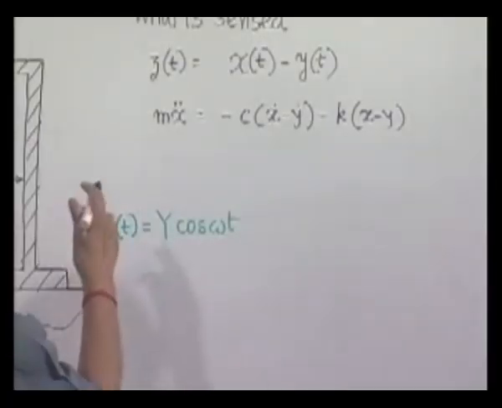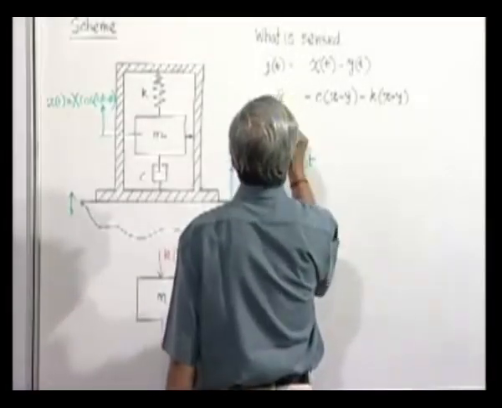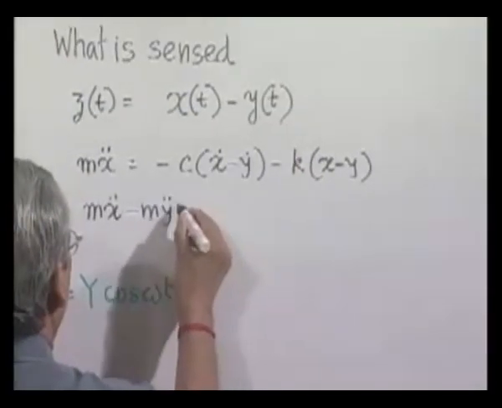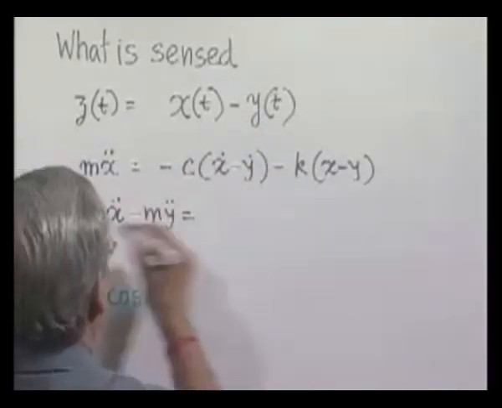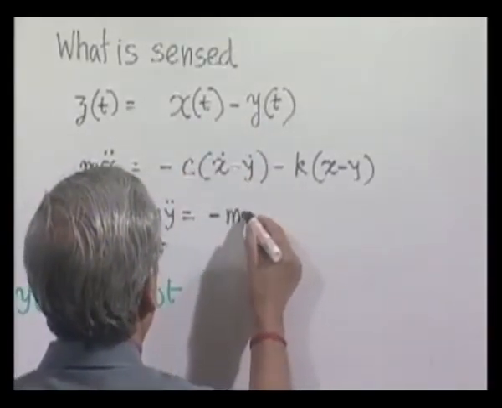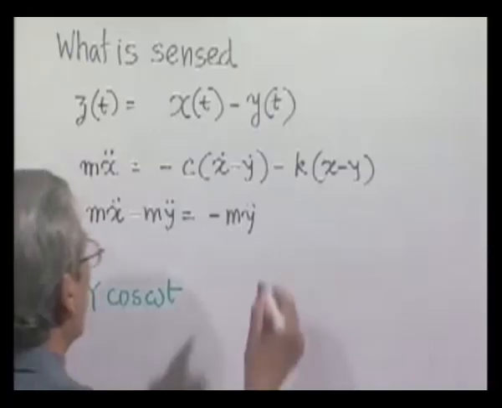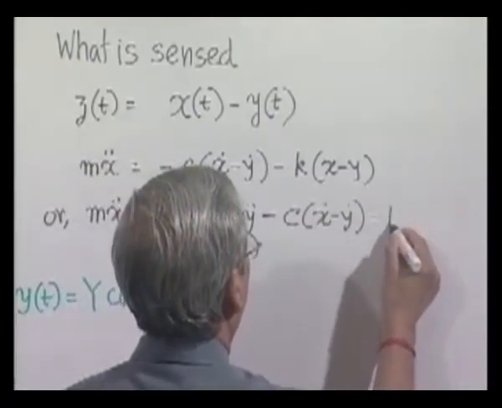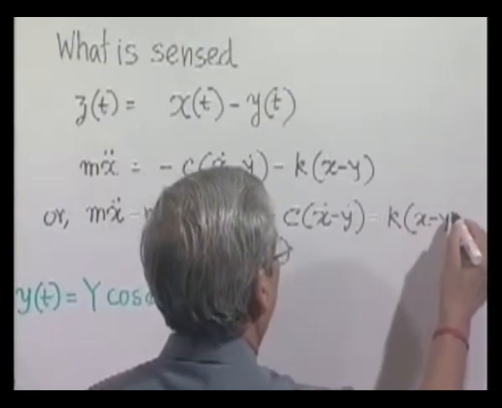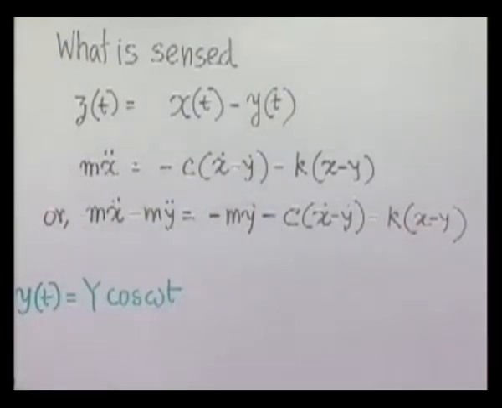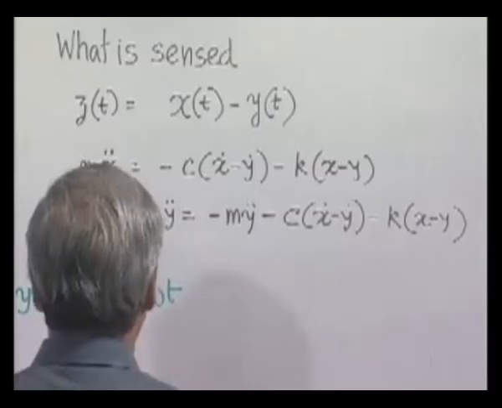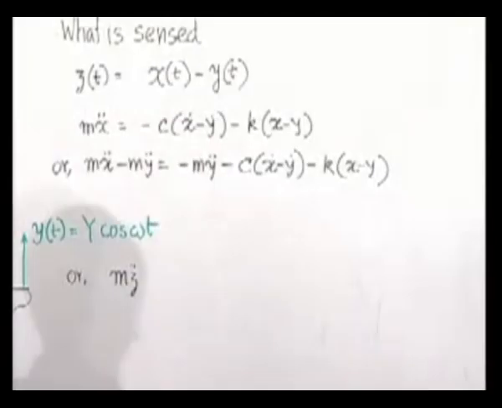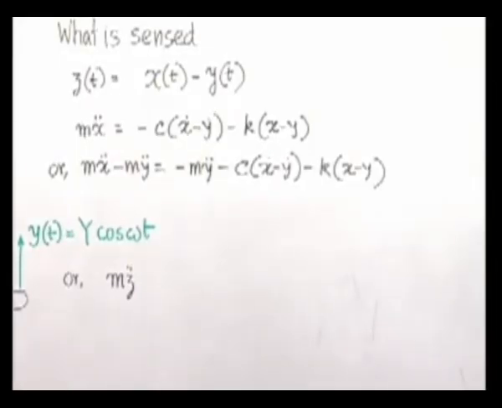Now if we subtract m y double dot from both the left and right hand sides, or add minus m y double dot on both sides, taking m common, it will be nothing but m z double dot, because z double dot is x double dot minus y double dot.